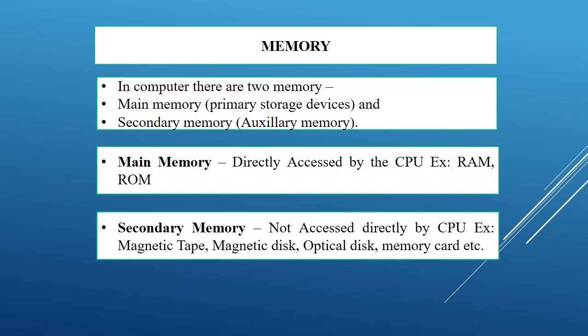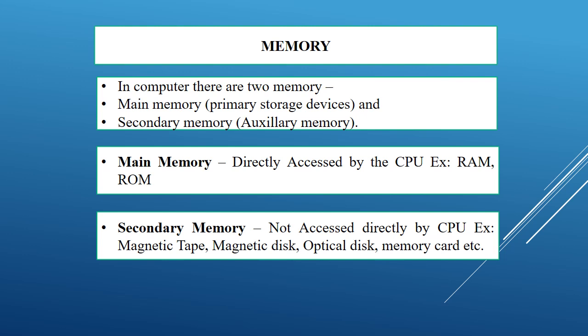And next, memory. In a computer there are two types of memory: one is main memory, the other is secondary memory. Main memory means the memory which is directly accessed by the CPU. The information, data or program in the main memory is directly accessed by the CPU, for example RAM and ROM.